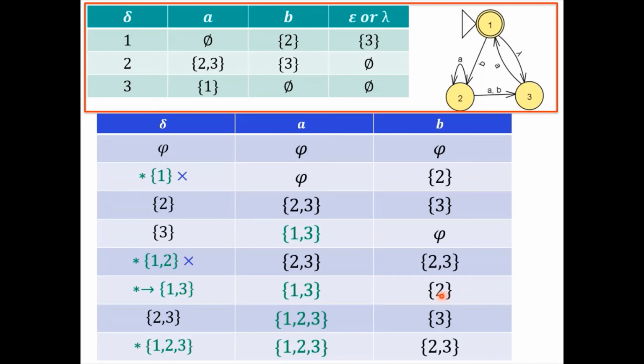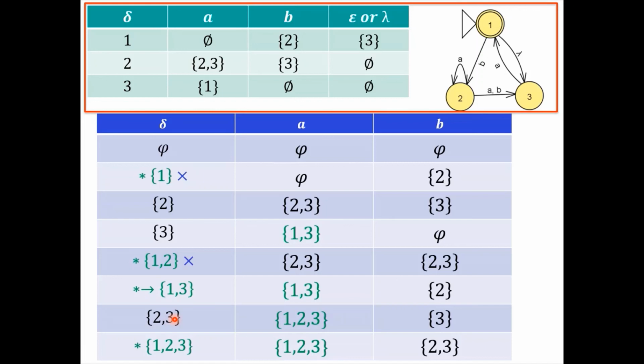Now for input letter B at state 1, 3, we will again consult the NFA. For input letter B at state 1, there is a transition towards 2, and at state 3 there is no transition. So this will result in state 2.